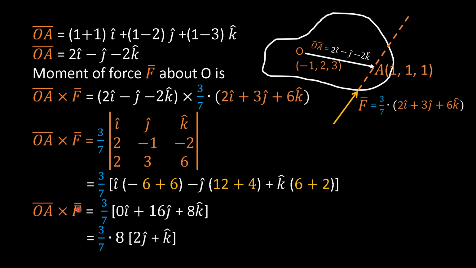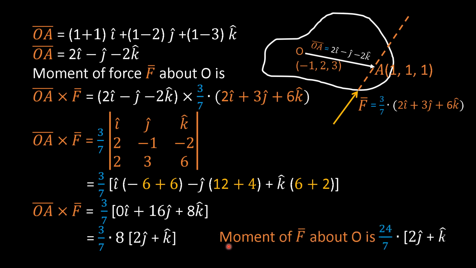OA bar cross F bar will be 3 by 7 times. We will take 8 common from 16 and 8 and write 8 times 2j cap plus k cap. So moment of force F bar about O will be 24 by 7 times 2j cap plus k cap.